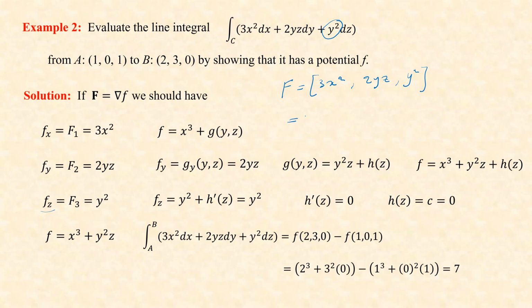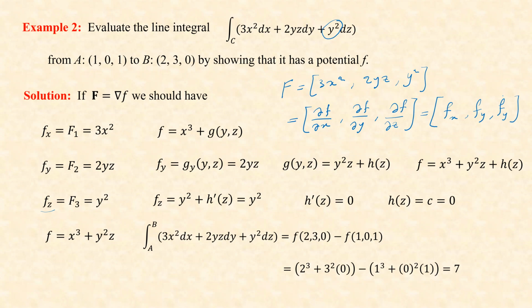This should be equal to the partial of f with respect to x, the partial of f with respect to y, and the partial of f with respect to z. So if it had a z in its component, it wouldn't go away, right? The book writes this as fx, fy, and fz. Is that clear? Yeah. The different notations.